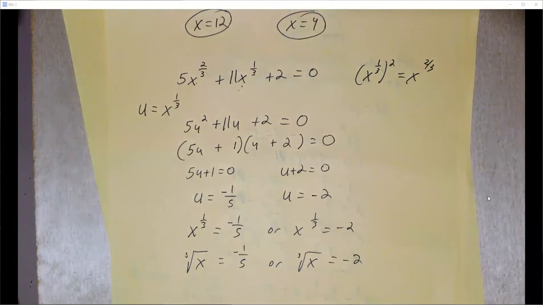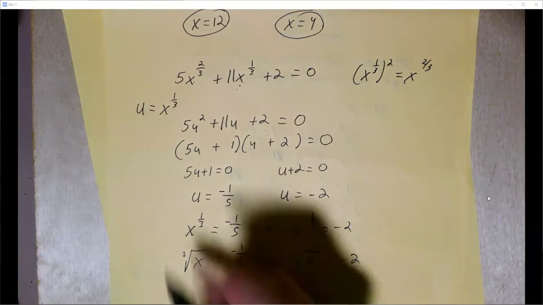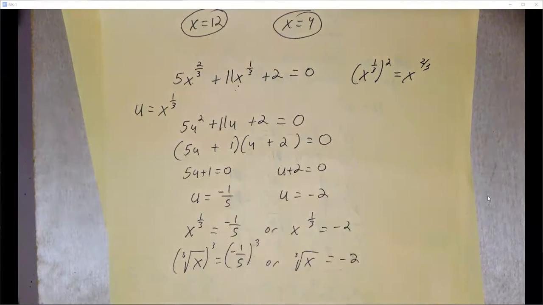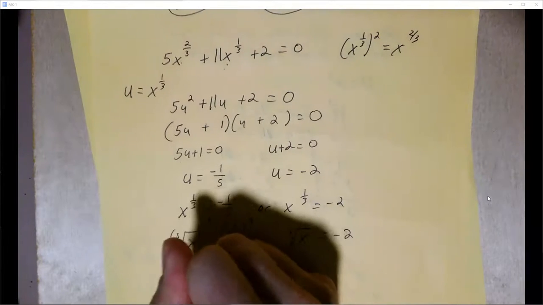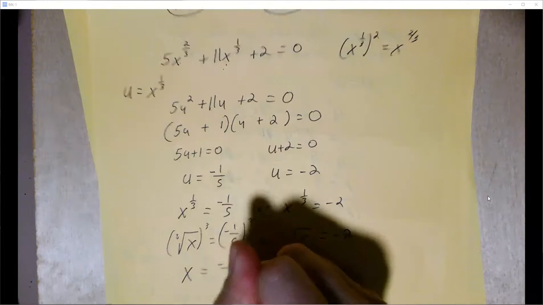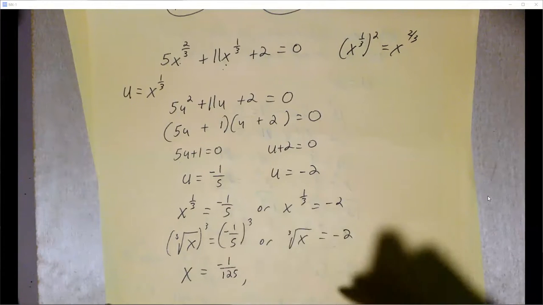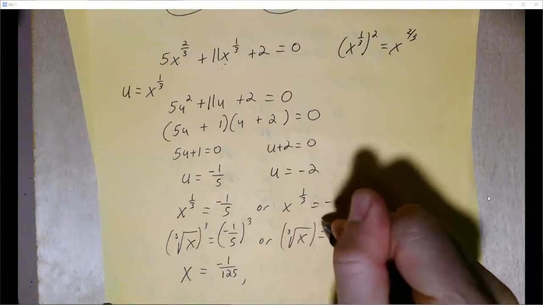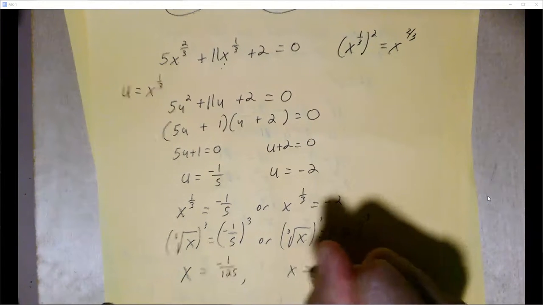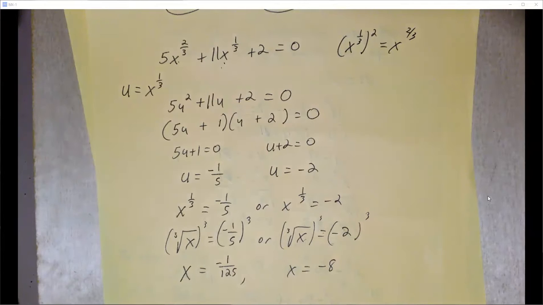So then, in order to solve for x, I'm going to raise both sides to the power of 3, so cube both sides. Here I would get x equals, if I cube negative 1/5, negative 1 over 125. If I raise both sides to the power of 3 here, so cube both sides, I get x equals negative 8. Those would be my solutions.